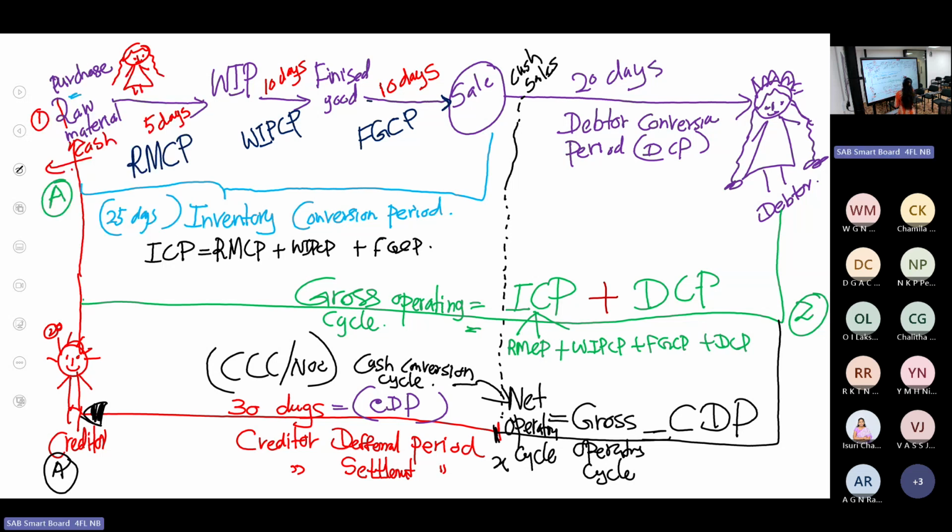GOC is 25 days plus 20 days. How many days? 45 days. From 45 days, you minus 30 days, which is equal to 15 days for the cash conversion cycle.